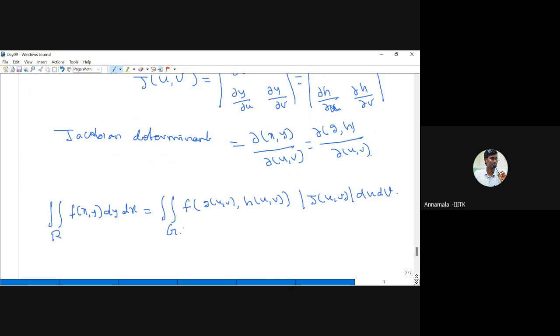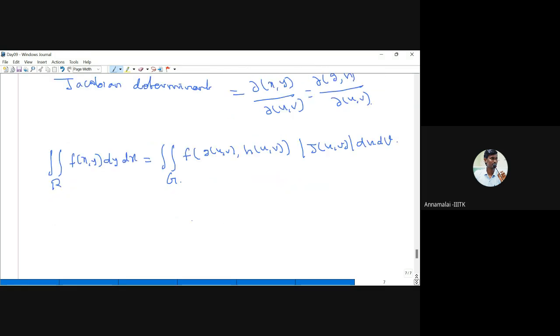Okay. So sometimes it's very difficult to solve over this region. We can transform the region into another region. Maybe in the plane, suppose one region is here, suppose this is a region R. So we can transform it.